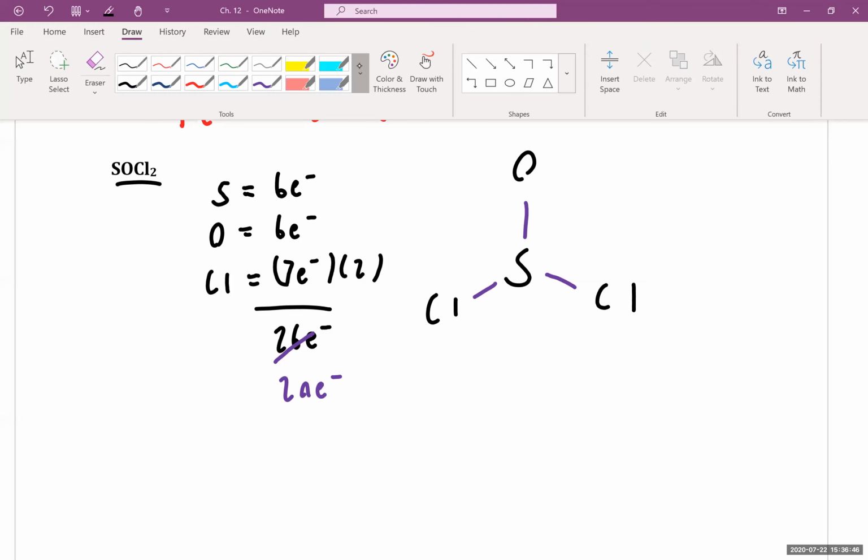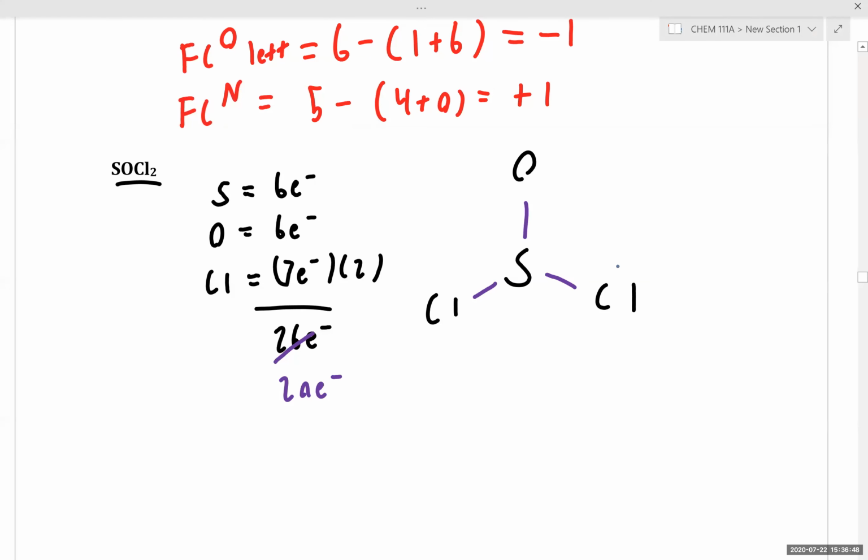Now, how many electrons do our outermost chlorine and oxygen atoms need for a complete octet? How many electrons do I need to add? Yep.